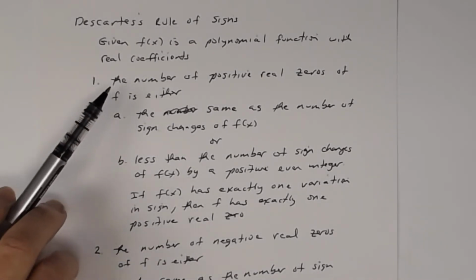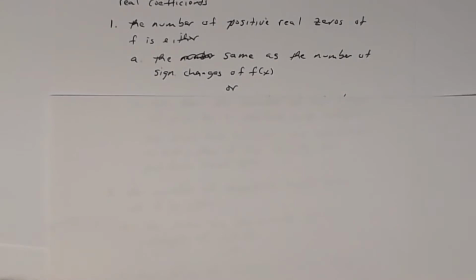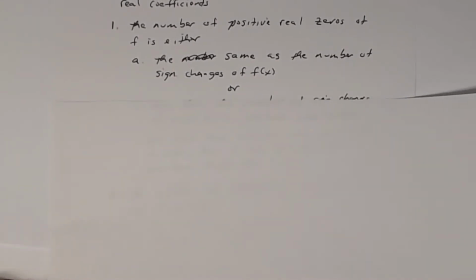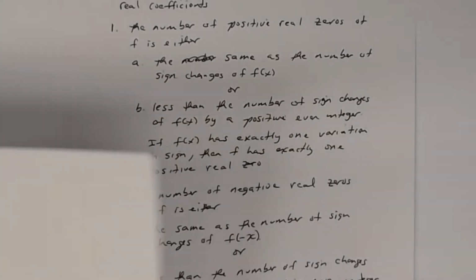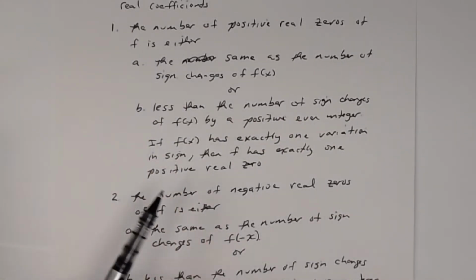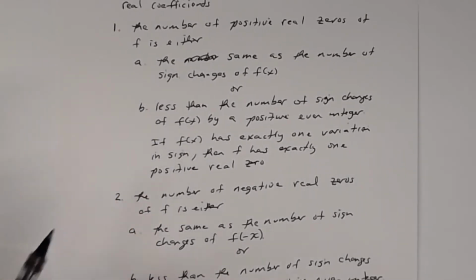So let's talk about the first part. So it says this: the number of positive real zeros of a function is either. So notice in both parts it's going to say is either, and you have an A and a B part. Okay. Now you may say, well, that's too much to remember.